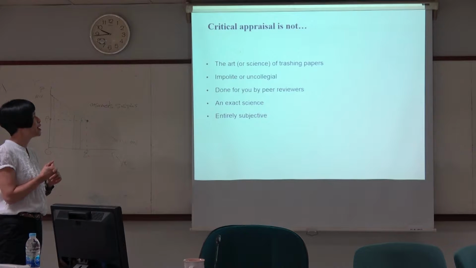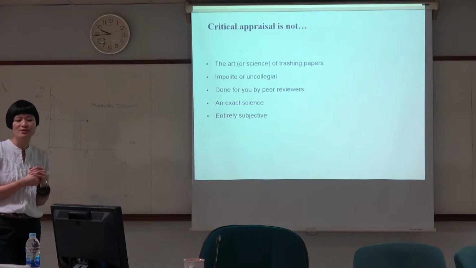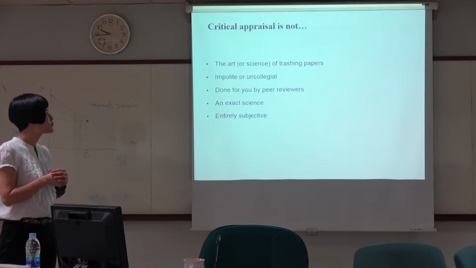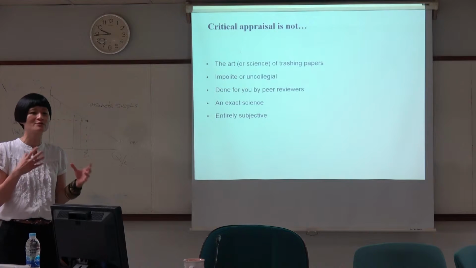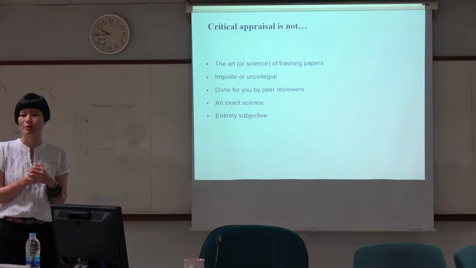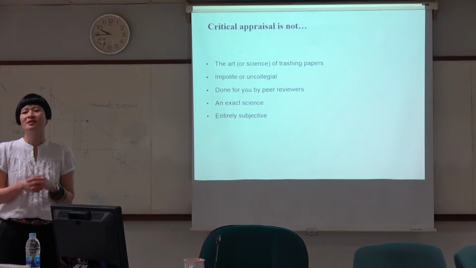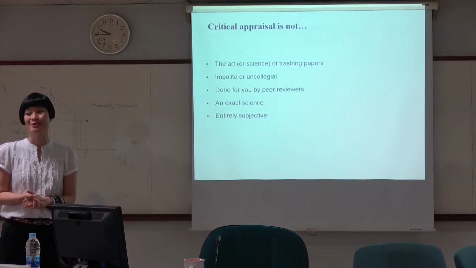And when you're critiquing something and reporting on your critique, there is no reason to be impolite or uncollegiate. Often you see reviewers being quite aggressive about poor quality studies. There are lots of reasons why a paper is not well reported. So what you need to remember is, when you're critiquing somebody's paper, when you publish, somebody else is going to critique your paper.